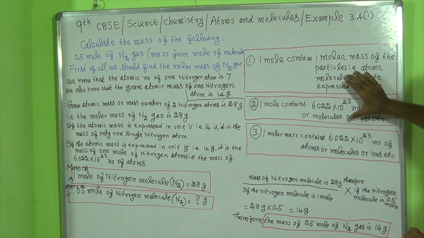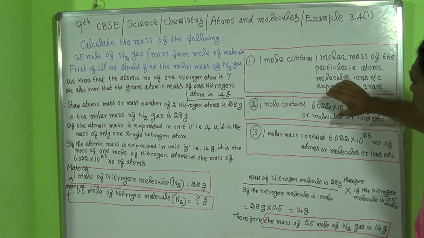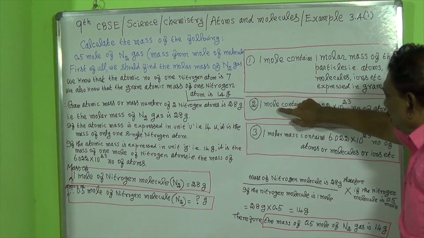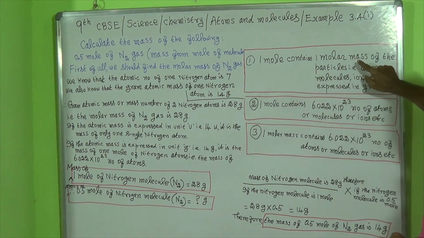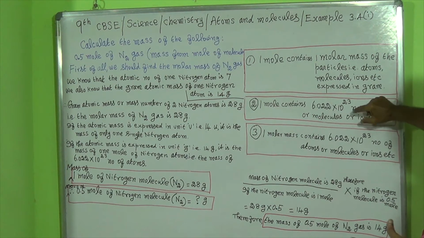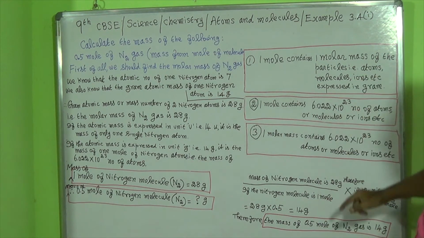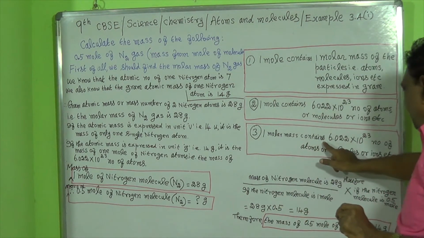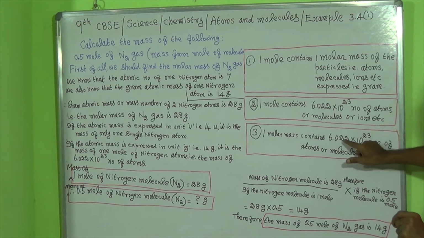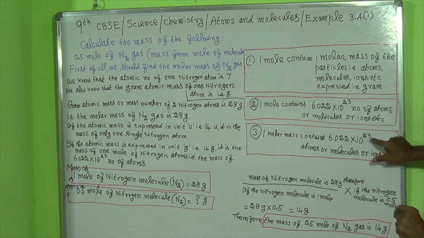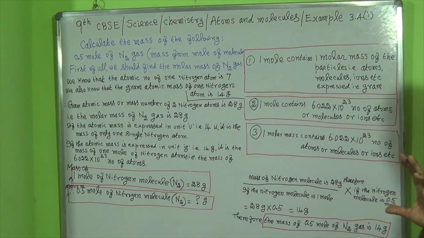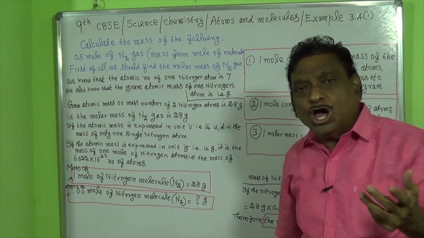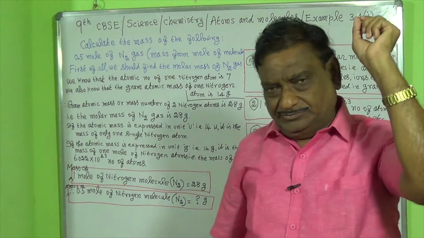These two data are related to the same 1 mole, so we can equate the molar mass and the number of atoms or number of molecules, etc. Thereby, we will get 1 molar mass contains 6.022 into 10 to the power of 23 number of atoms or molecules or ions, etc.